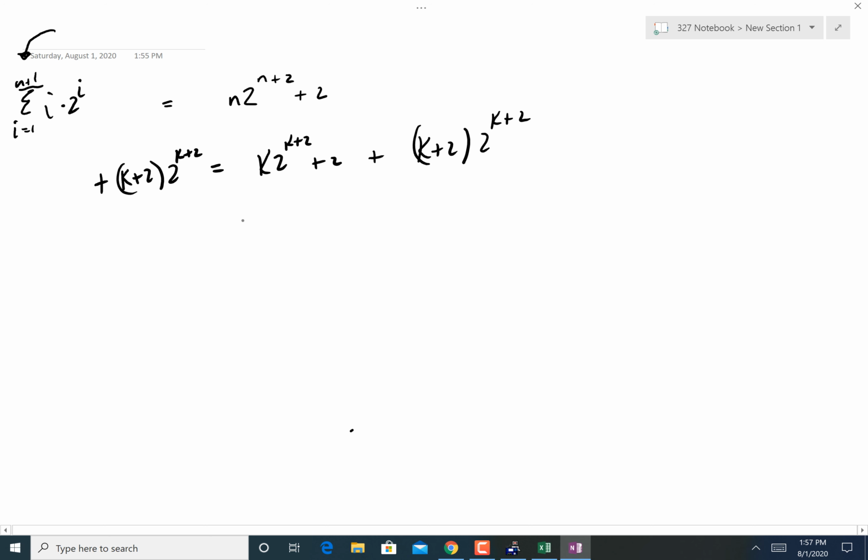Okay, so if you distribute this out, you're going to get k plus, this one doesn't change, of course, so you're going to get another one of them. Plus 2 times 2 to the k plus 2 plus 2. Okay, well this right here is 2 to the k plus 3.